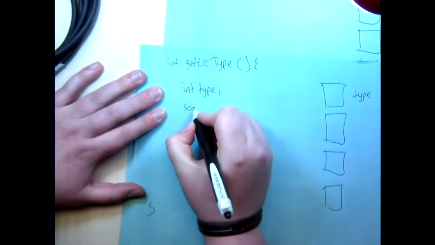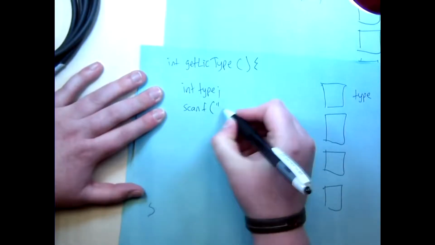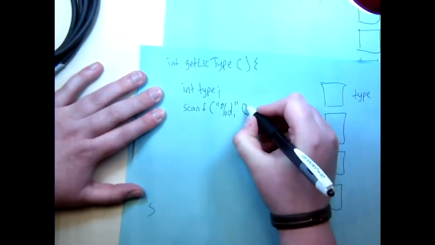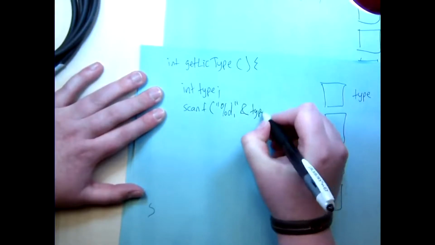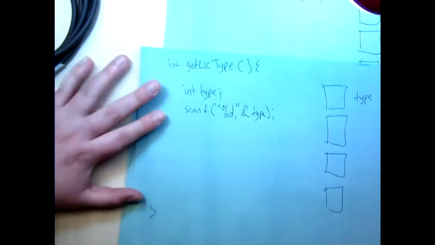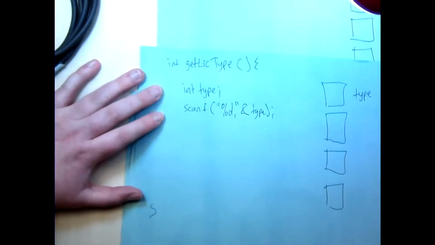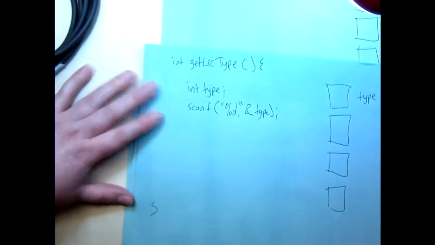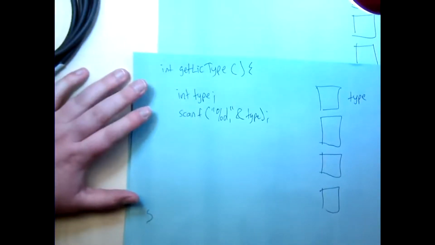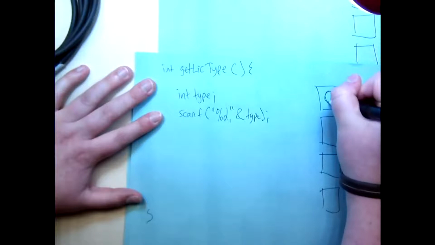Then we're going to do a scanf, get me a number, whoops, put it into the variable type. And so if the user types in, I know this had it printed out what license type do you have, 0 is learner, 1 is whatever. So the user might go, I've got a learner's license, and type in 0. Then this box will have the number 0 in it.